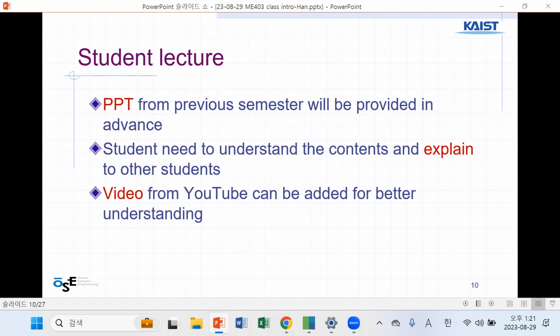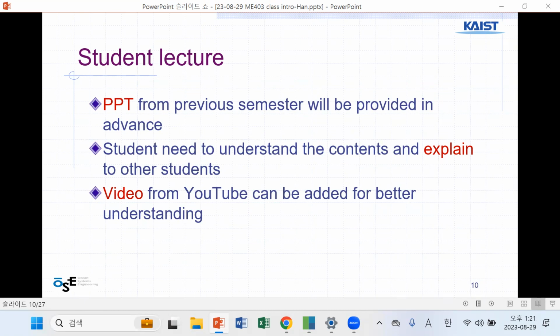For the student lecture, there will be another guideline, PowerPoint, how to do better. I'll show you next time. But anyway, the previous semester slide will be provided, say 1 week before, usually by myself.